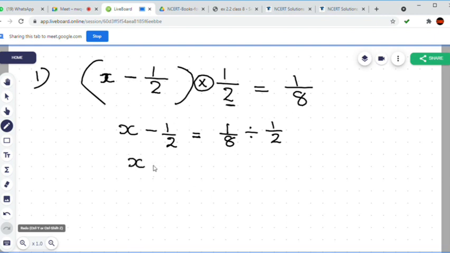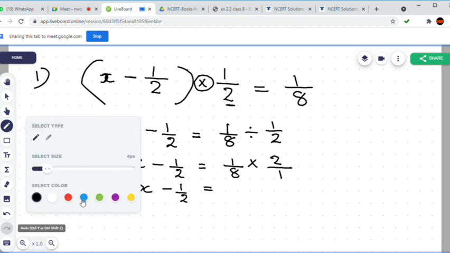So we can rewrite once more: x minus 1 by 2 is equal to 1 by 8 divided by 1 by 2. How can we divide two fractions? Multiply with the reciprocal: 1 by 8 into 2 by 1. So now we can write x minus 1 by 2 is equal to 1 by 8 into 2.